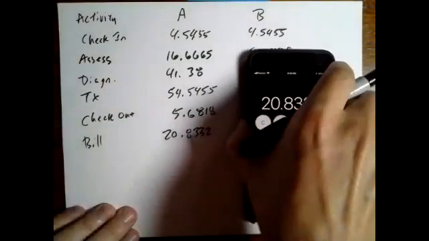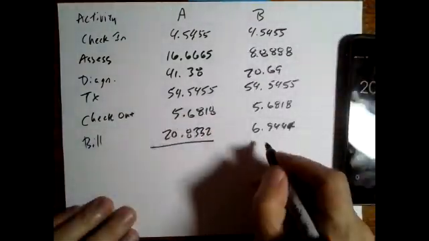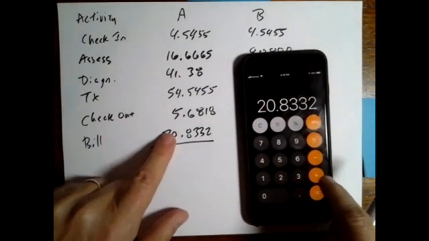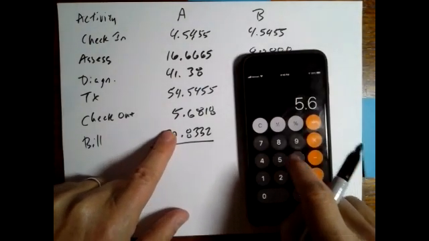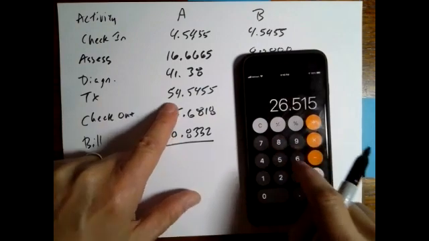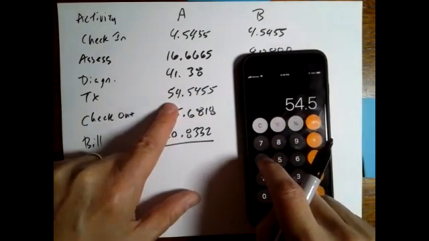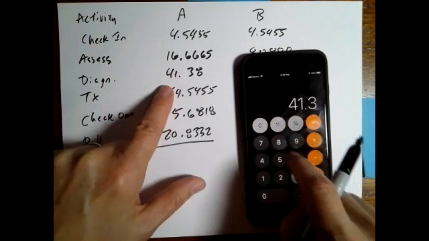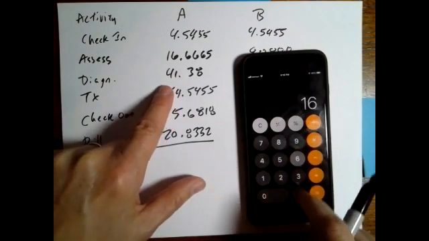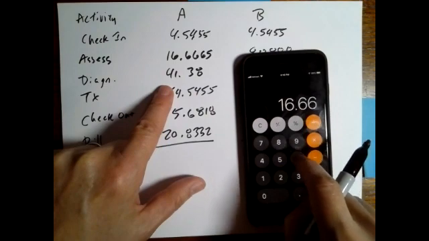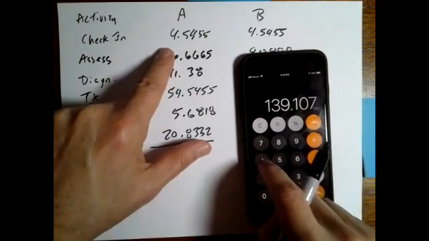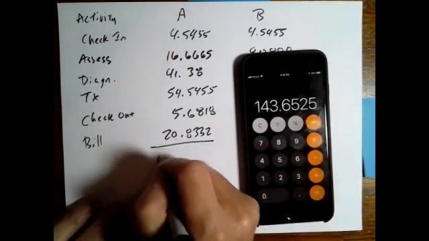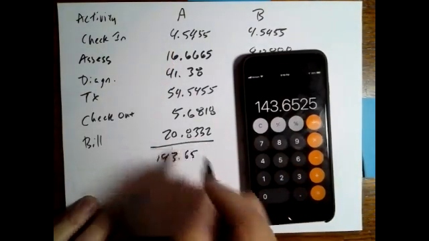Whew. All right, so now we can add that up and get our totals. Since I already got that in for A, I'll just keep going. Plus 5.6818 plus 54.5455 plus 41.38 plus 16.6665 plus 4.5455 gives us 143.65.